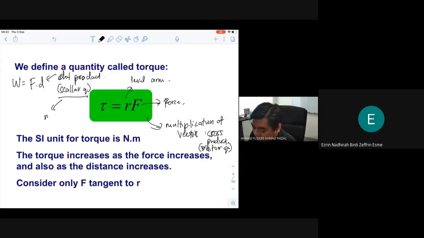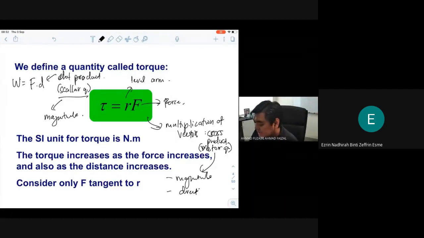It only contains magnitude. But a vector contains magnitude and direction. So remember, torque is a cross product. When you multiply R and F, it involves a cross product, so we must have magnitude and direction.